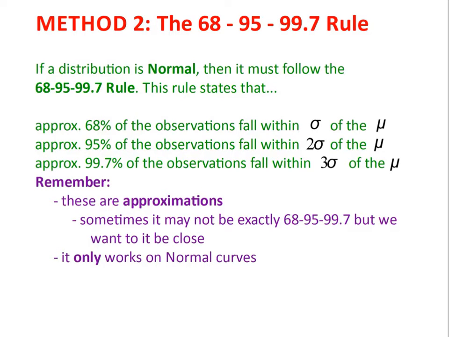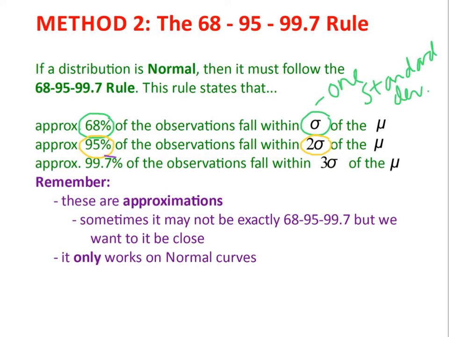That rule says that approximately 68% of the data is within one standard deviation from the mean. Then 95% of the data is within two standard deviations of the mean.